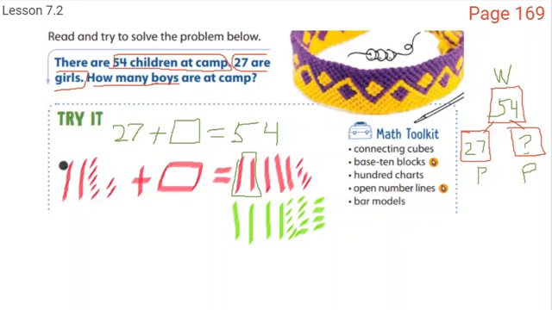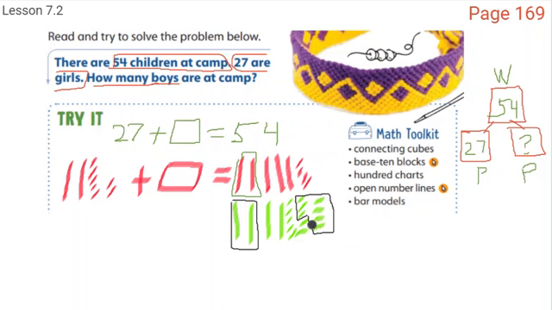So remember, we have these 2 10s, so we're going to take away those over here. And then there's 7 ones. So I'm going to take away those 7 ones. So I have 1, 2, 3, 4, 5, 6, 7. So these 7, they're gone. We're taking those away.